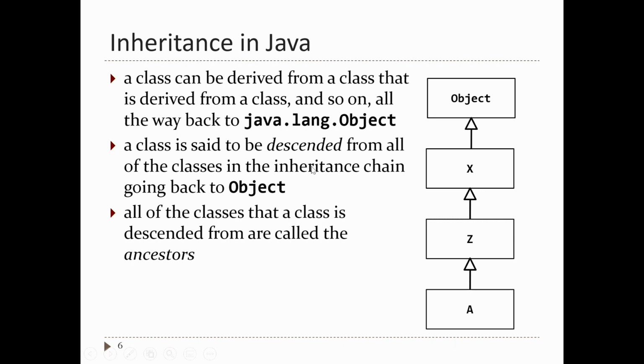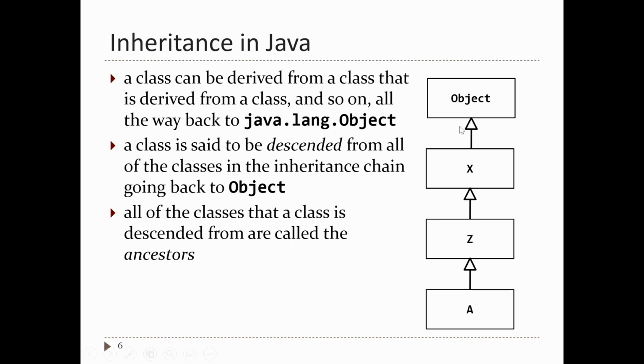So we say that a class is descended from all of the classes in the inheritance chain going back to Object. So A is descended from Z, A is also descended from Y, and A is also descended from Object. You can use other terminology as well.